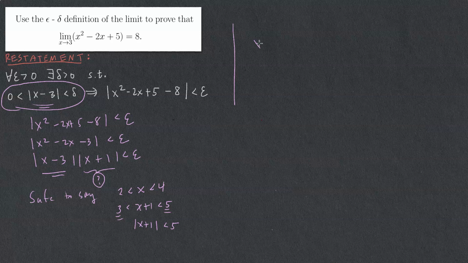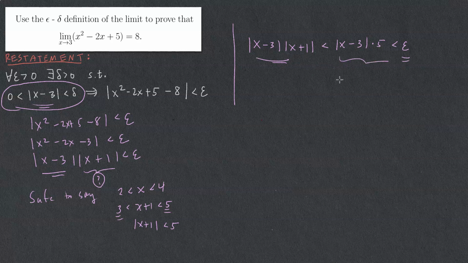So the absolute value of x minus 3 times x plus 1 is less than absolute value of x minus 3 times 5, and if I could get that to be less than epsilon, then I'd basically have the thing that I wanted, right? I could get that this thing is less than epsilon.